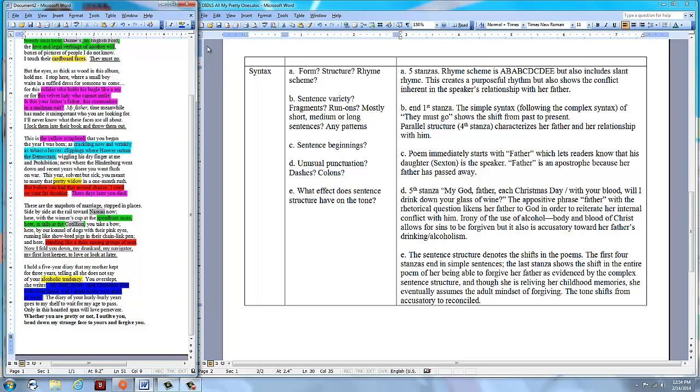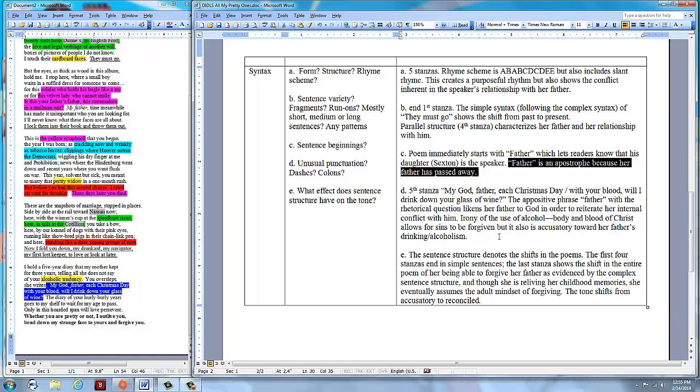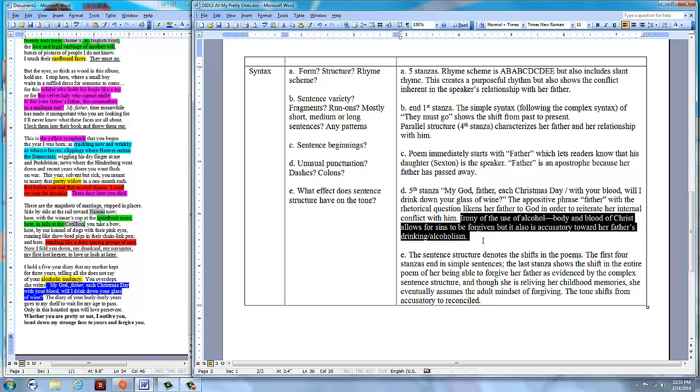The use of alcohol is ironic here because when you take communion, you're taking the body and blood of Christ, and this allows for your sins to be forgiven. Yet here, it creates an accusatory tone towards her father's alcoholism, and that this was the downfall of not only their social status and economic status, but also the relationships, which really is more important than anything else.